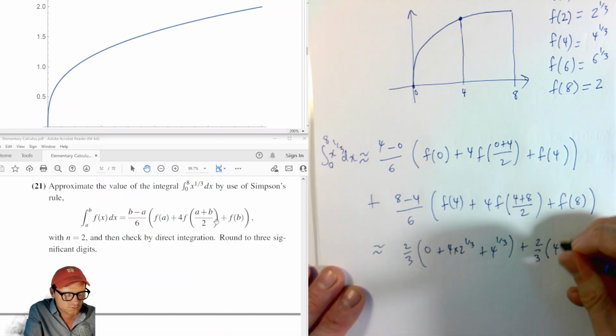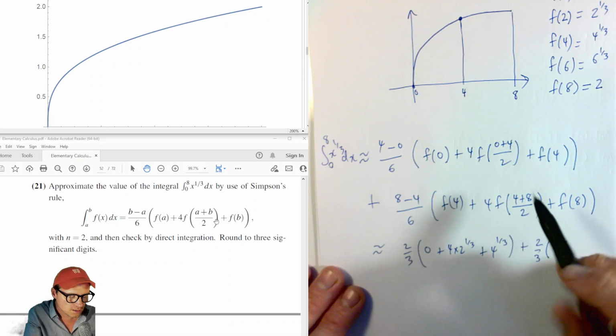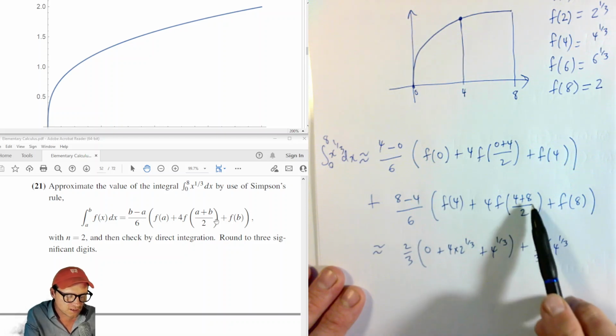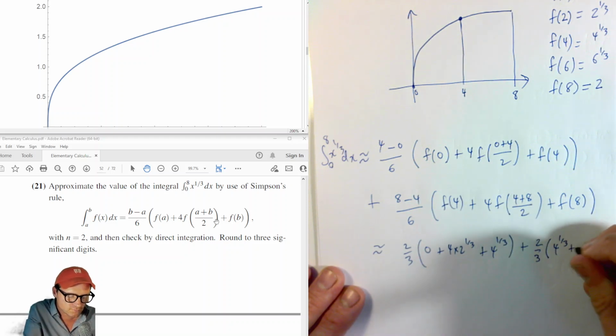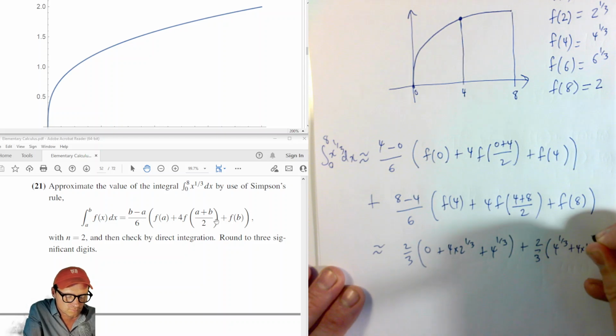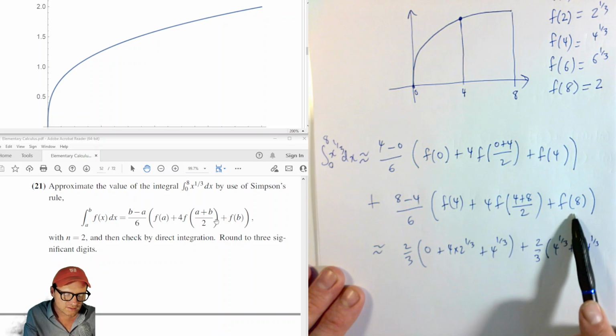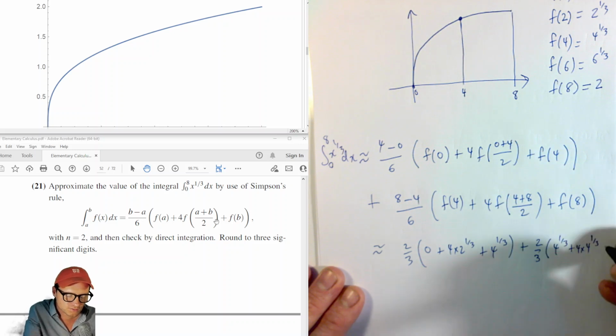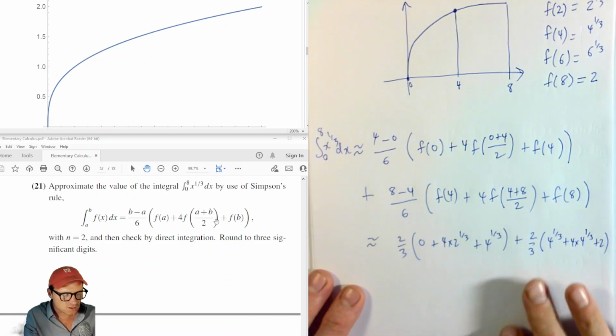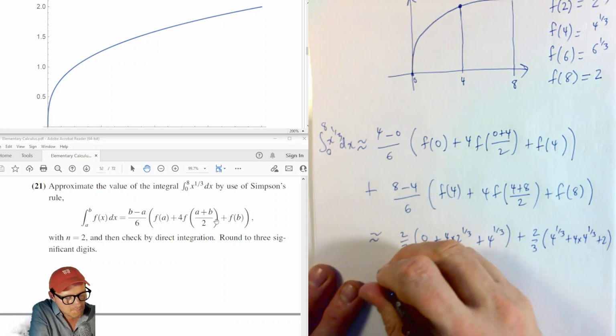F of 4 is 4 to the power of 1/3. 4 times f of 6. Okay, and then we have f of 8 is 2. So there's a common 2/3 here.